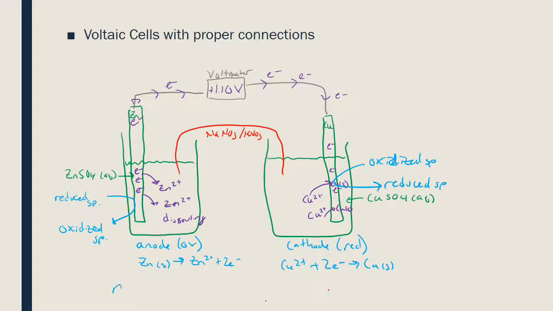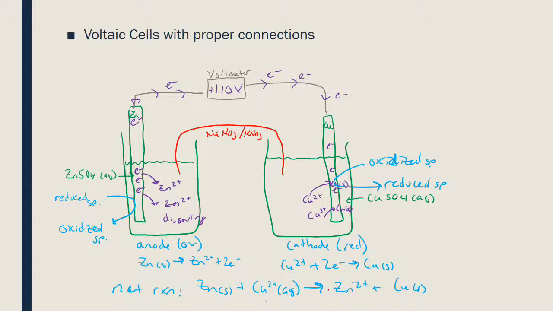Therefore, we can look at the net reaction. So zinc solid reacts with copper ions that are in solution. Even though they're in two different half cells, they are still reacting with each other. And this allows zinc to become an ion, and we can create solid copper.